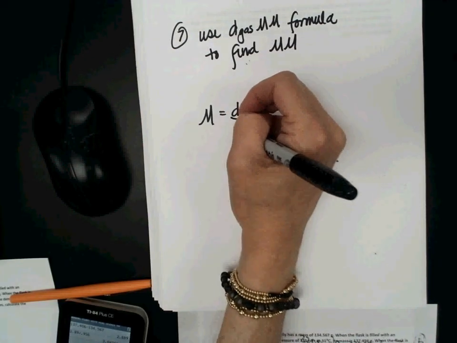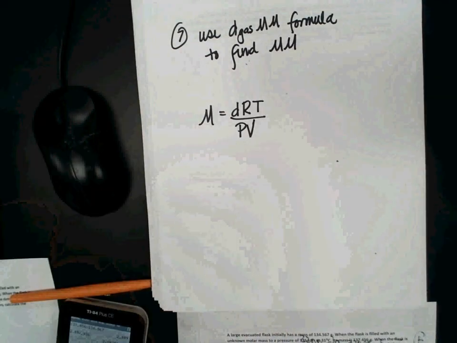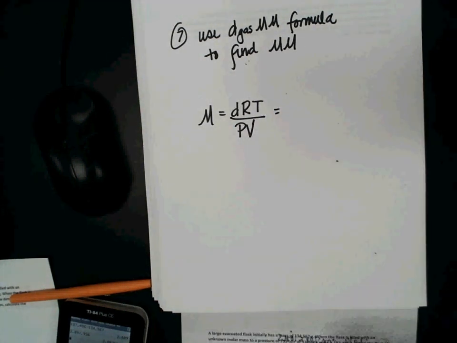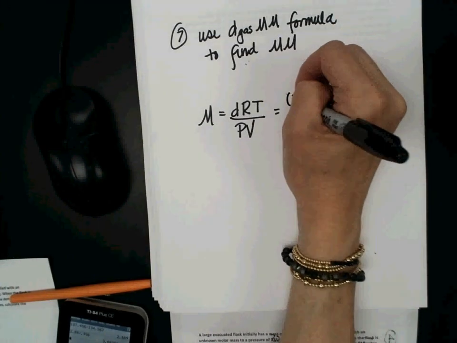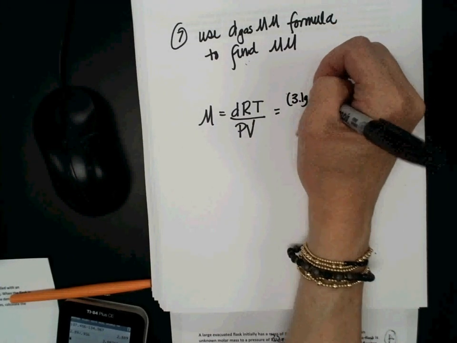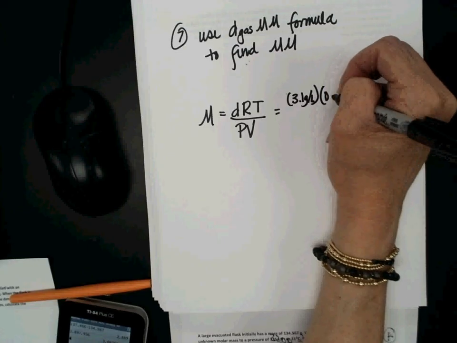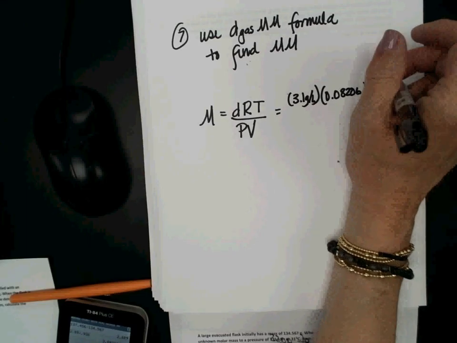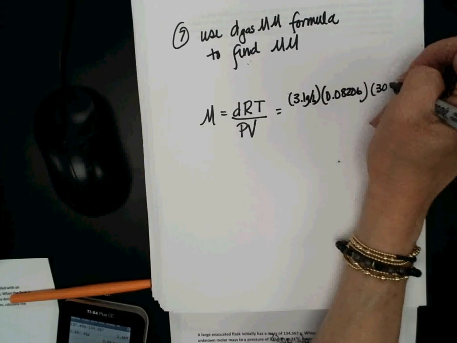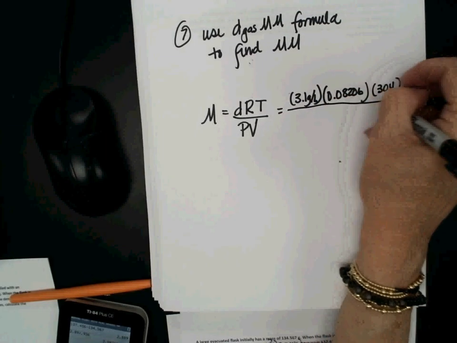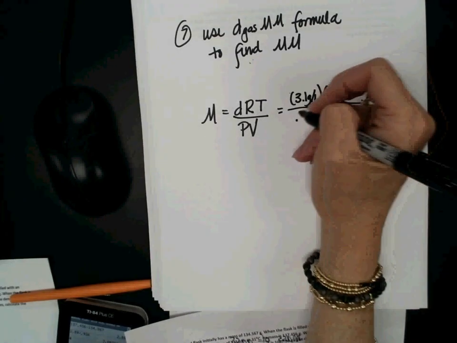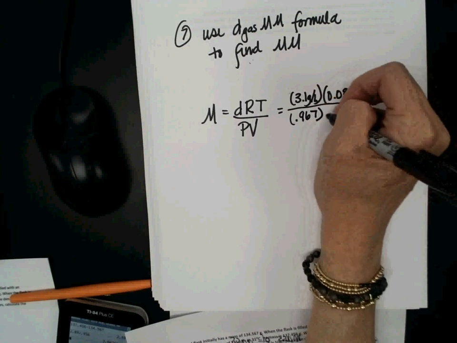Molar mass is equal to density times the ideal gas constant times temperature divided by pressure times volume. So plug in everything you know. The density was 3.1. Temperature was 304, over the pressure, 0.967.